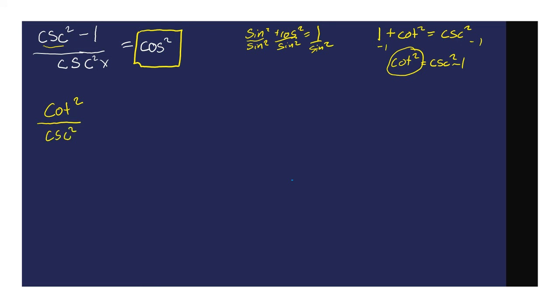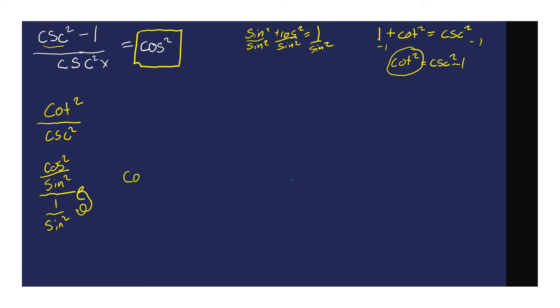Sorry if not carrying the x is bothering people. What I'm going to do from here is break everything down into sine and cosine and see if that moves our work along. Cotangent squared is cosine squared over sine squared. And cosecant squared is 1 over sine squared. I'm going to do that keep, change, flip again to multiply by the reciprocal of the denominator.